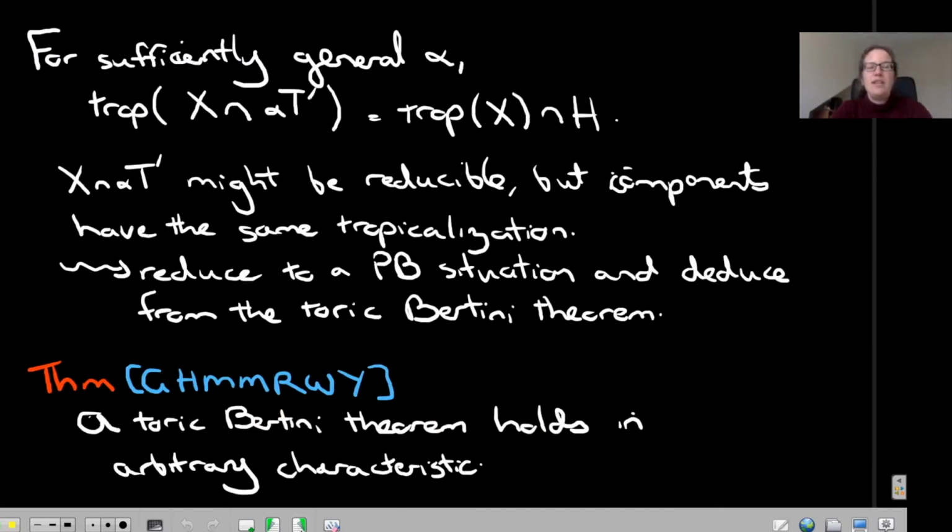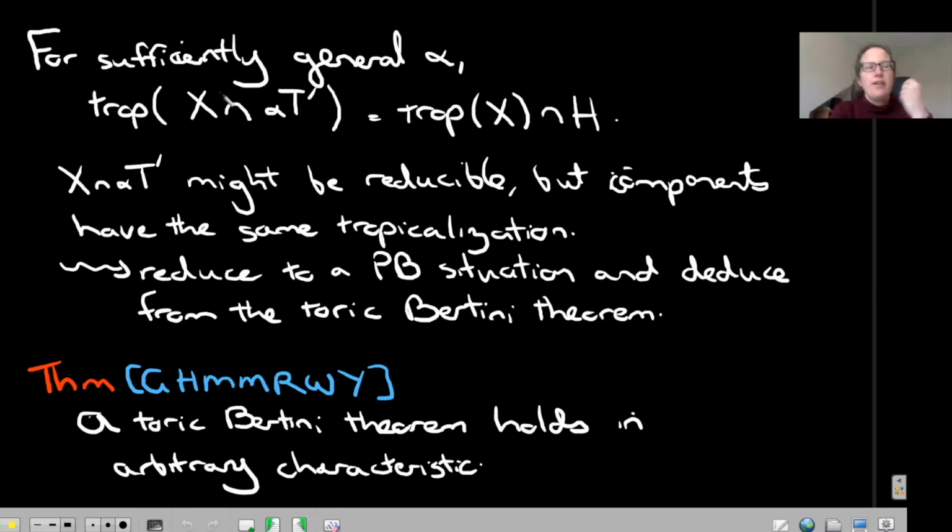Okay. So this means if my alpha is sufficiently general, here sufficiently general means in a more non-Archimedean sense. So it's a statement really about the image of alpha in the residue field being general enough.